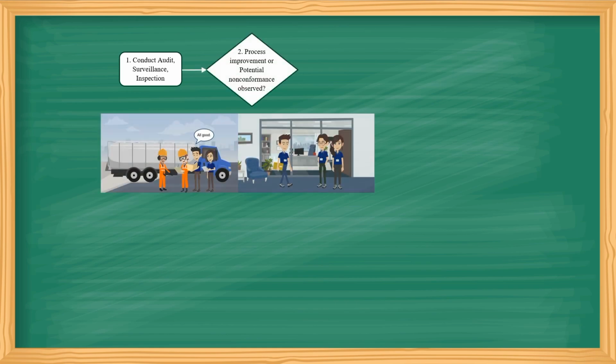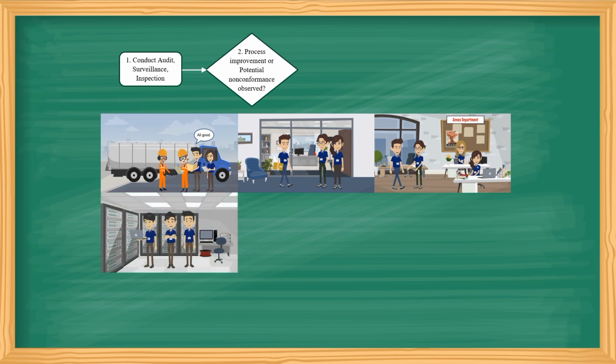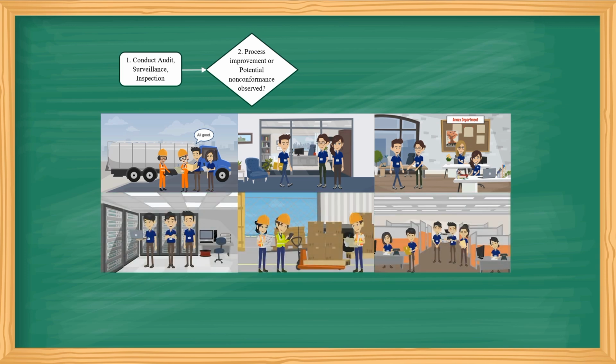A PIR can be generated as a result of an audit, surveillance, or inspection to identify an opportunity for improvement. Any process improvements or potential non-conformances identified can be addressed proactively to prevent problems or non-compliance.